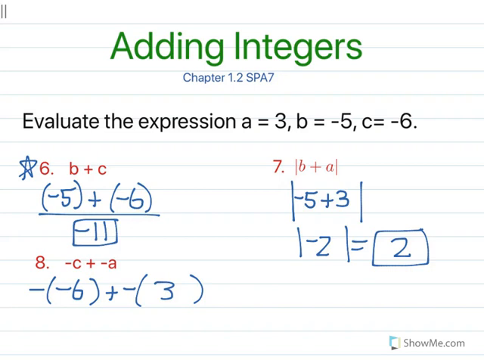So now I'm going to update this a little bit. The opposite of -6 is +6. The opposite of 3 is -3. When I add these two together, I have 6 positives and 3 negatives. There are 3 more positives than negatives, so my answer is +3.